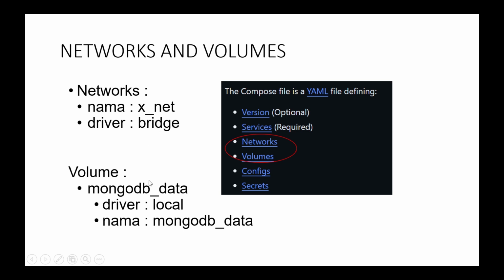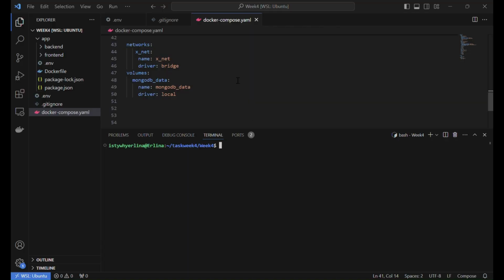And for the volume, we create a volume with the name mongodb_data, and the driver type is local.